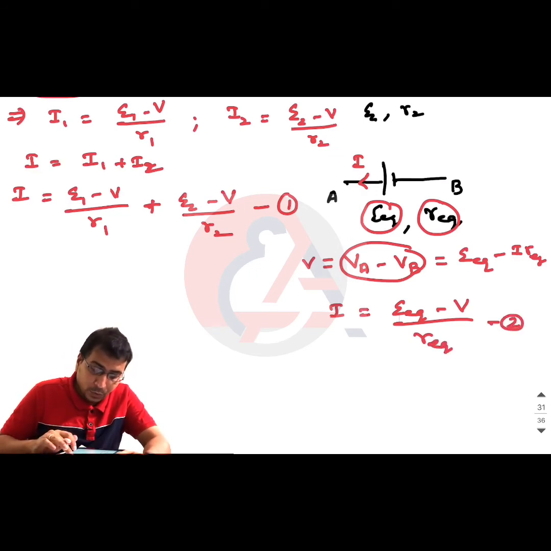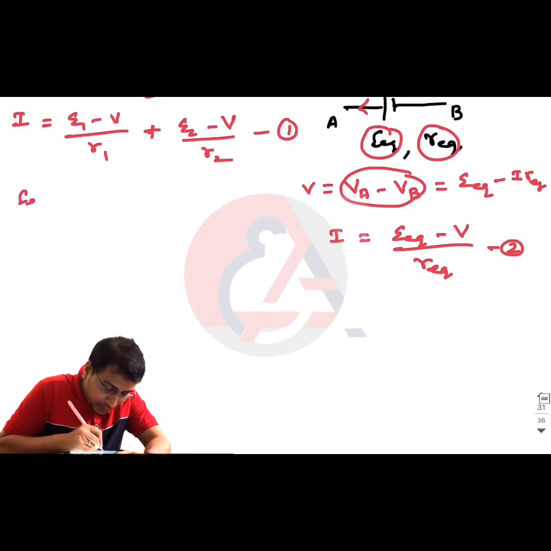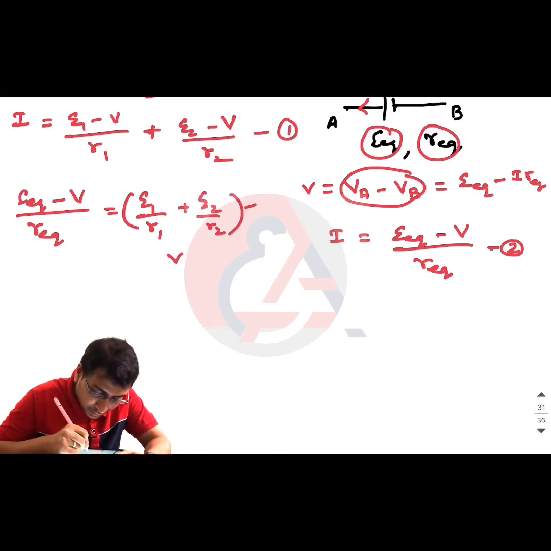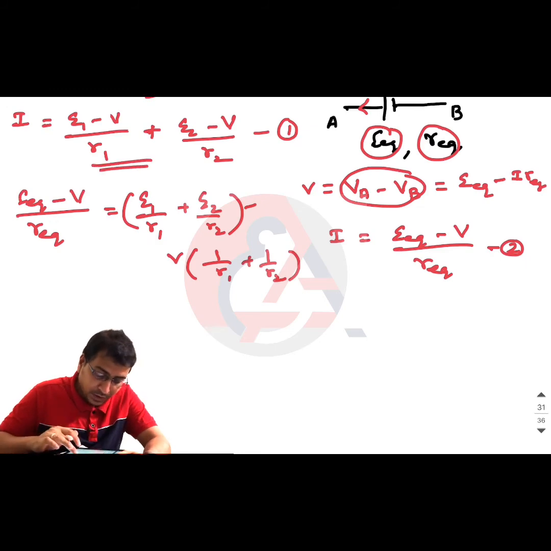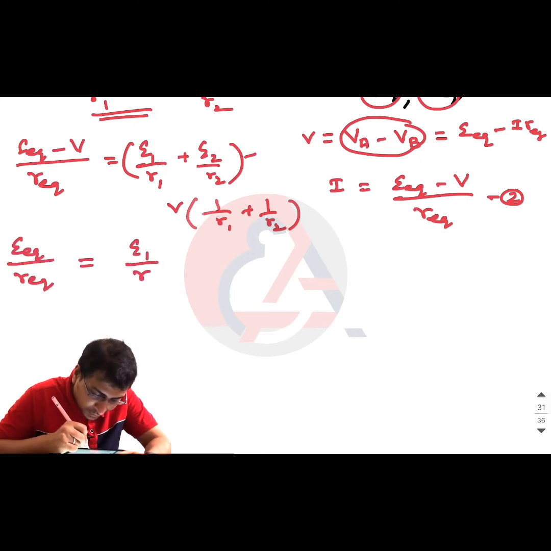From 1 and 2, when you solve, we get E equivalent minus V divided by R equivalent is equal to E1 by R1 plus E2 by R2 minus V into 1 by R1 plus 1 by R2. I have rearranged this equation. Comparing both the sides, E equivalent divided by R equivalent will be equal to E1 by R1 plus E2 by R2.